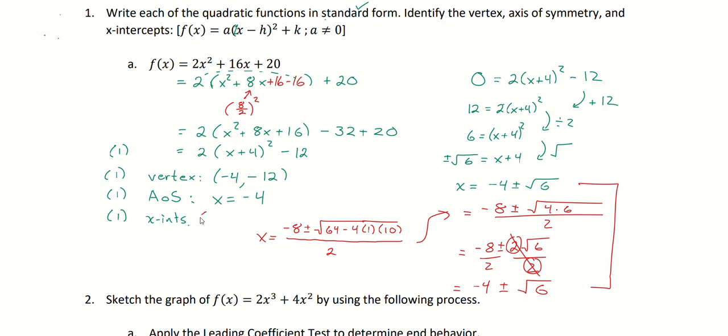And I'm just going to write it as a single point. It's negative 4 plus or minus the square root of 6, comma 0. Full disclosure, love this answer. Despise negative 1.55 and negative 6 point whatever. Okay, exact answers are always easier unless it's a very specific context with real world stuff.